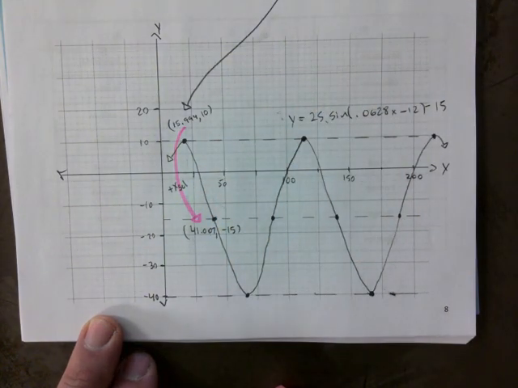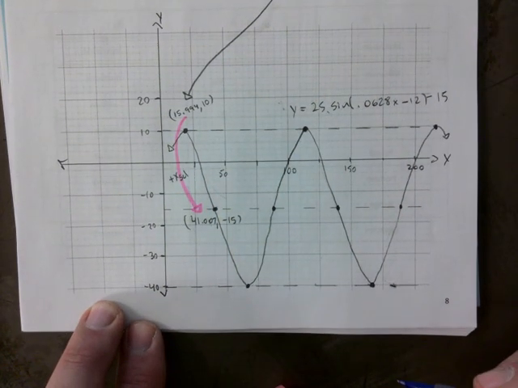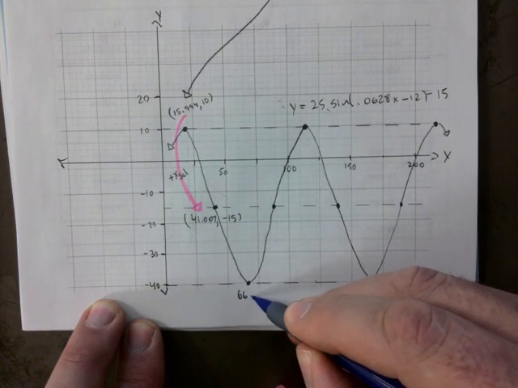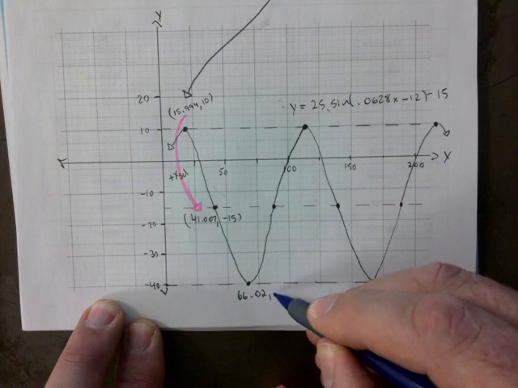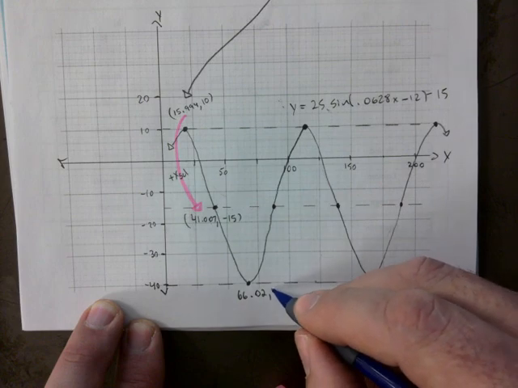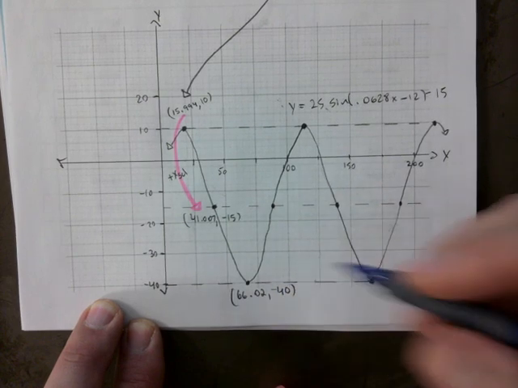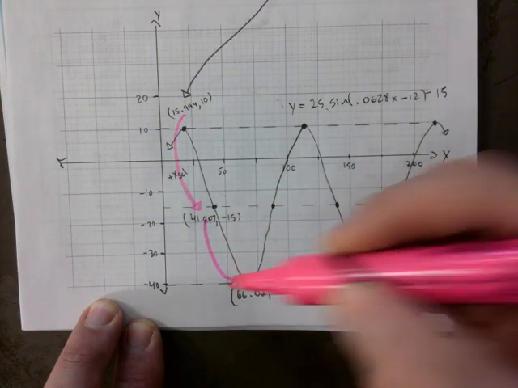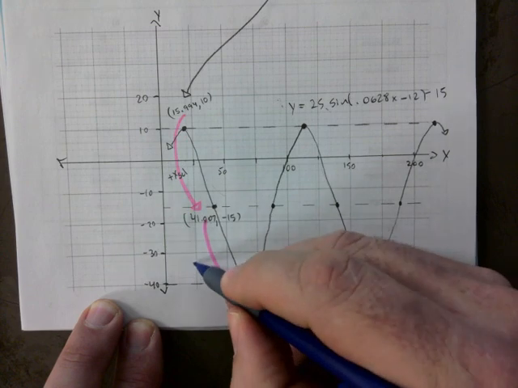Okay, maybe I'll label one more. This one here was 66.02, negative 40, this point right here. So what I did from here to here is I kept on adding the x scale.